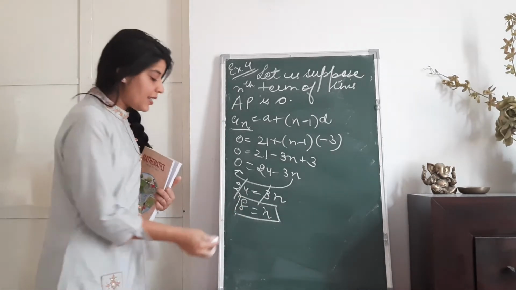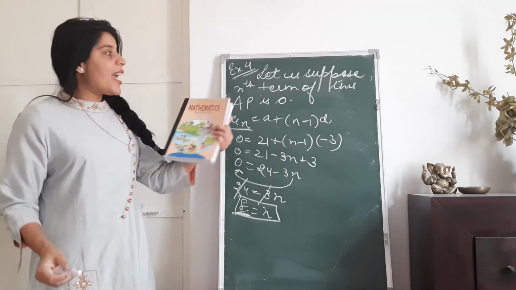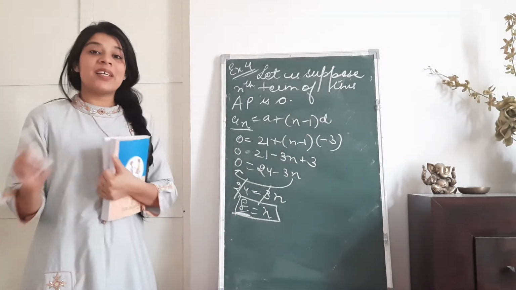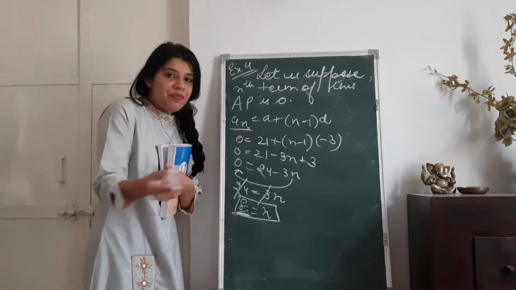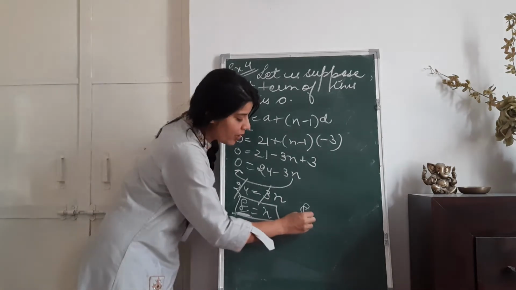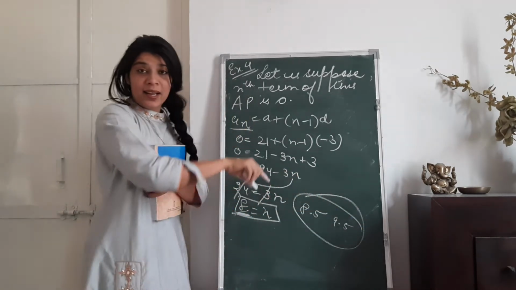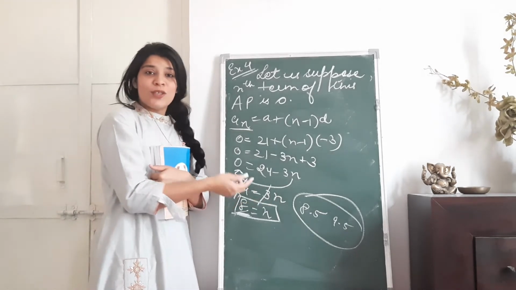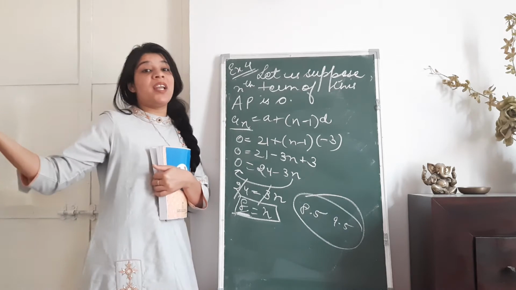See, in this case, as n is equal to 8, hence the 8th term of this AP is going to be 0. But assume if n would have come 8.5 or 9.5, then that n is not an integer. So if it is not an integer, then it cannot be a term of an AP.